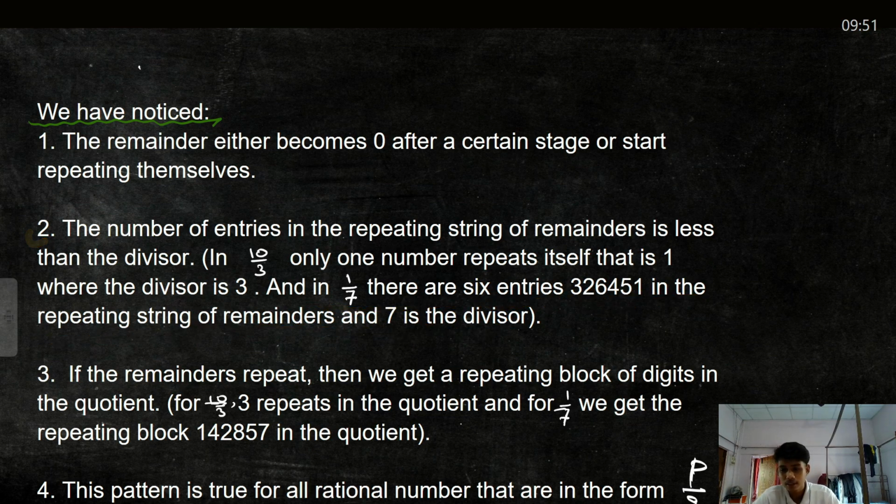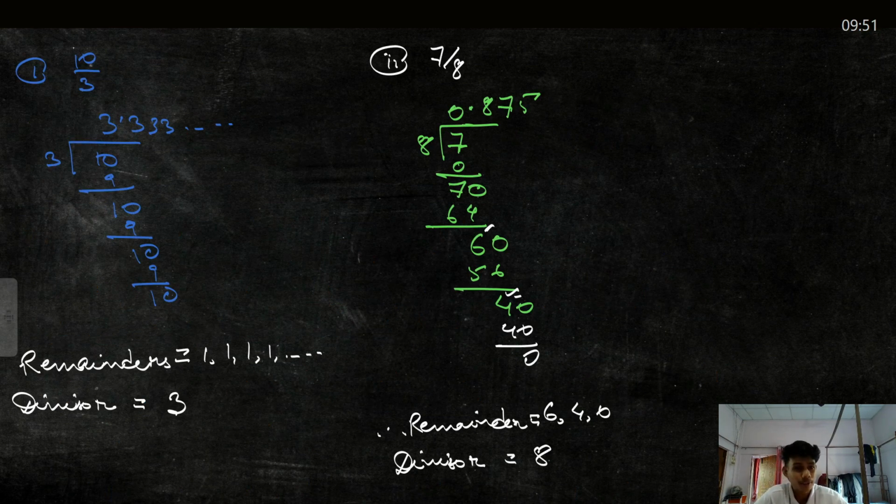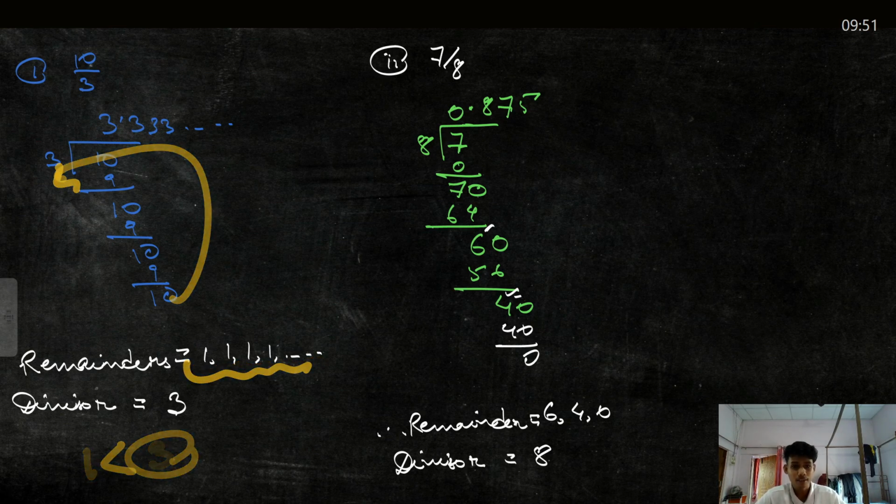Now in case of 10 by 3 the divisor is 3, hence we get repetition of only one number, that is less than 3. 1 is less than 3. That means the numbers which will be repeating will always be less than the divisor.